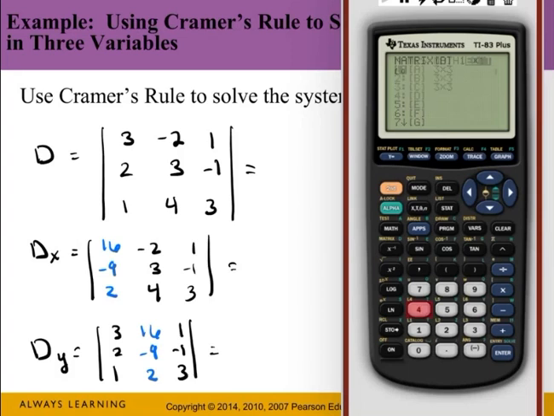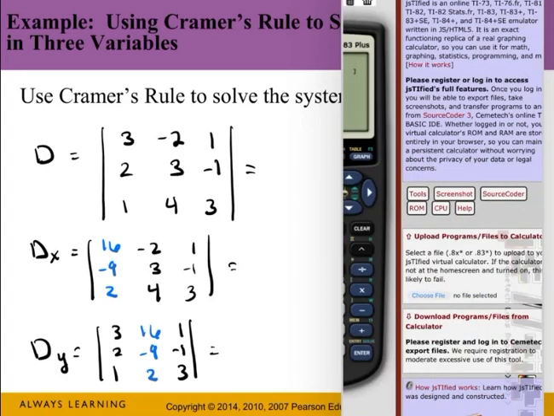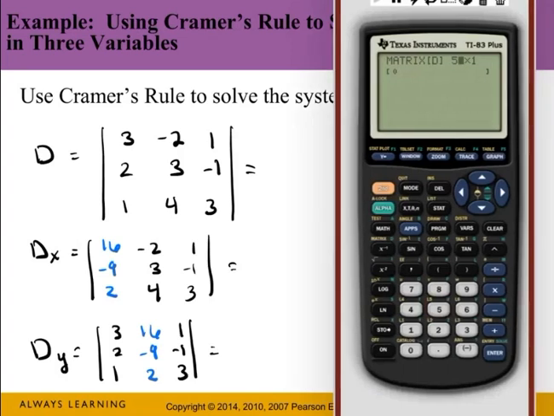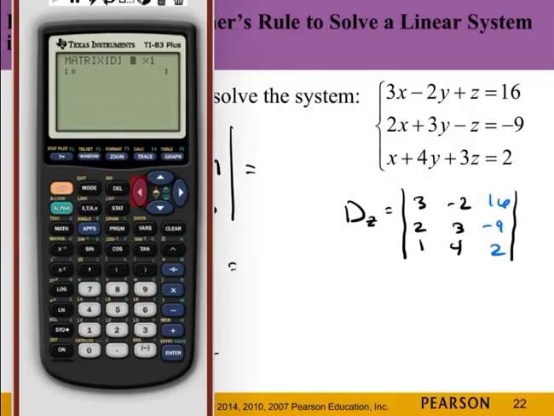We want to edit D. Yeah, there we go. That's going to be a 3 by 3. So that's 3, negative 2, 16. Again, hopefully we're typing all this in properly. Negative 9.